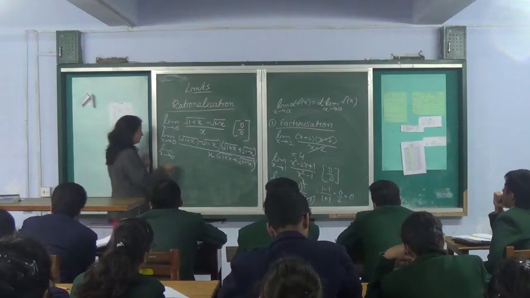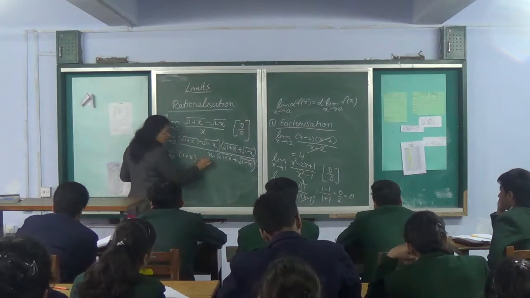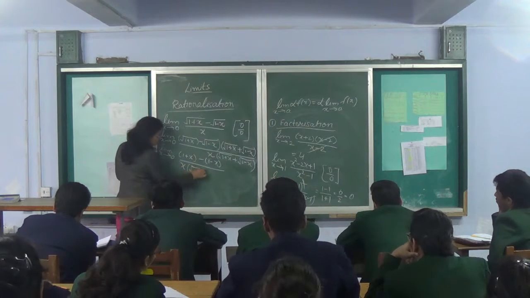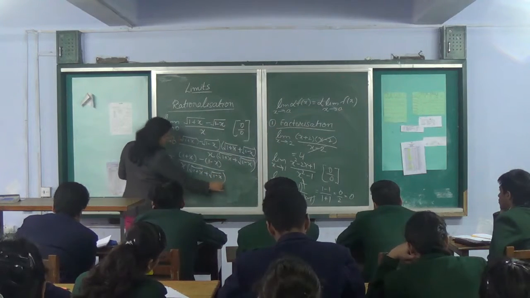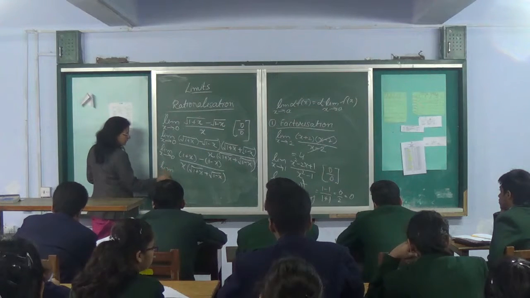So let's complete this. This is 1 plus x minus 1 minus x upon x into root 1 plus x plus root 1 minus x. So what do we have in the numerator?